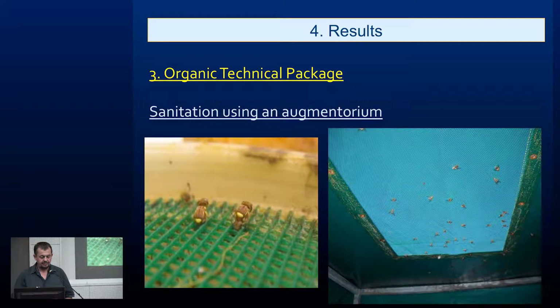When you throw in infested fruit, you will have the emergence of fruit flies of a new generation, and they will be sequestered in the augmentorium, and the mesh of the net is sufficiently small to avoid the escape of these fruit flies. So they are sequestered in the augmentorium and they die like that. So it's a very effective sanitation technique.